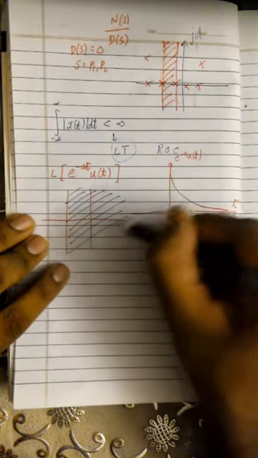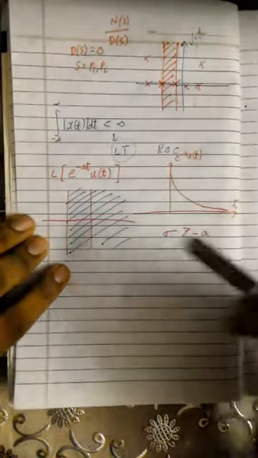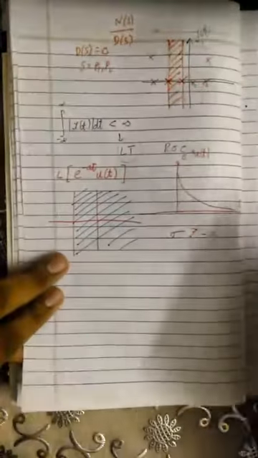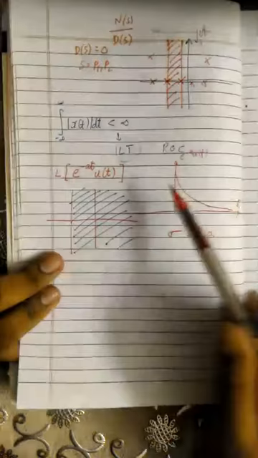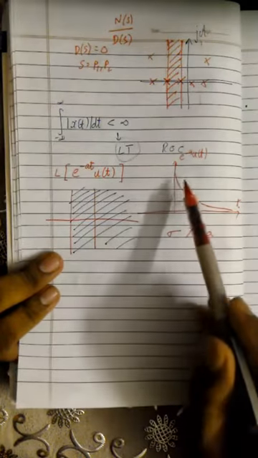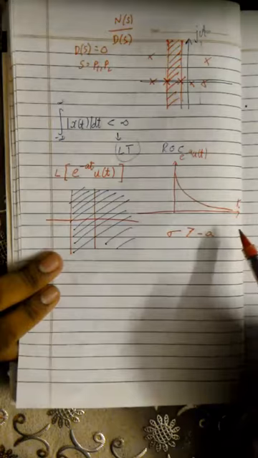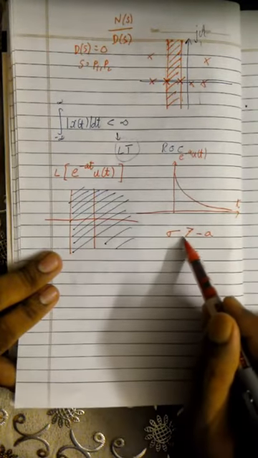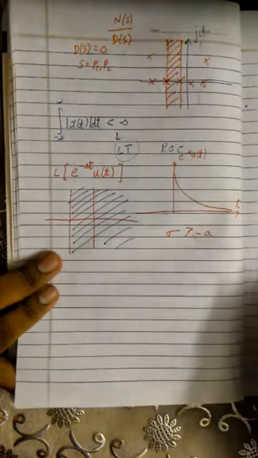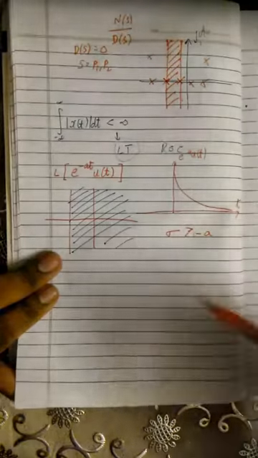If you remember, this is the first problem you did. This is an example of the fourth property. That is, if a signal is a right-sided signal, that means the left side of the signal is 0, and then every time the ROC will be of the form sigma greater than some number. This number can be a negative number, a positive number, or any number.